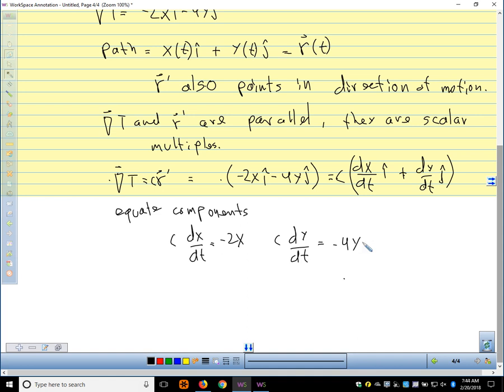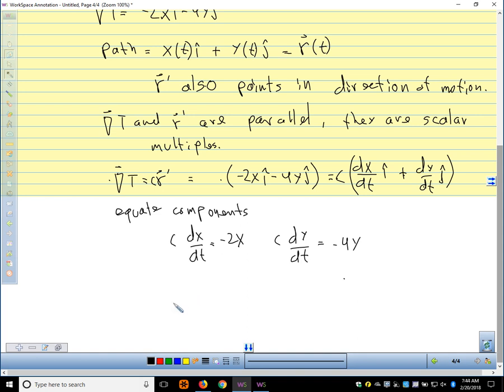What can I do here to get some kind of relationship between x and y? Can't I solve each of these for dt and then set them equal to each other?